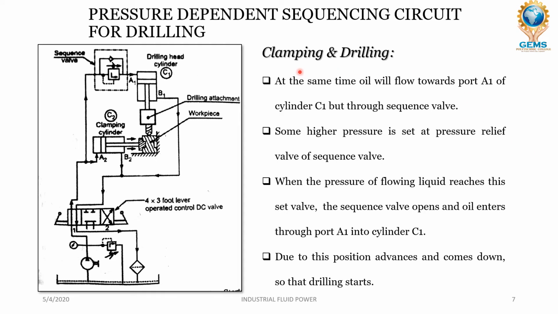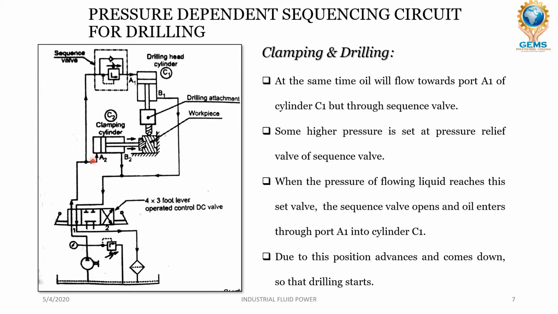So now let's see the clamping and drilling. At the same time, oil will flow towards port A1 of cylinder C1, but through the sequence valve. A higher pressure is set at the pressure relief valve of the sequence valve. When the pressure of the flowing liquid reaches this set value, then the sequence valve opens and the oil enters through port A1 into cylinder C1.